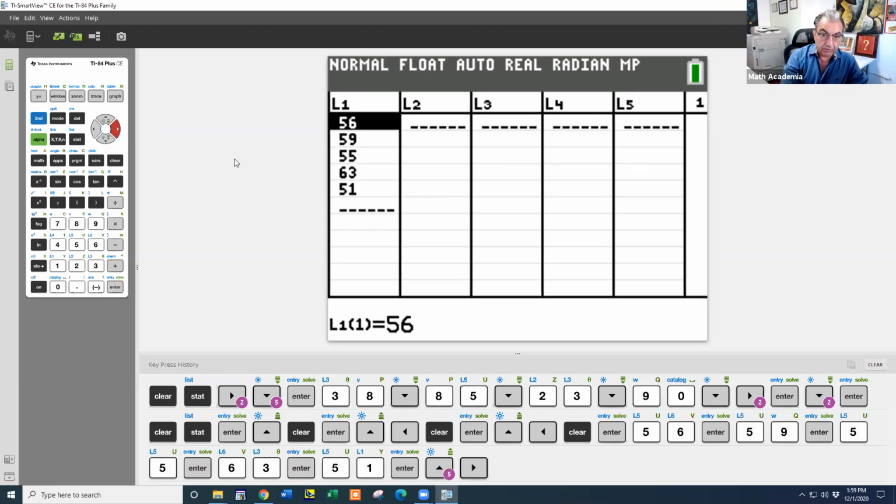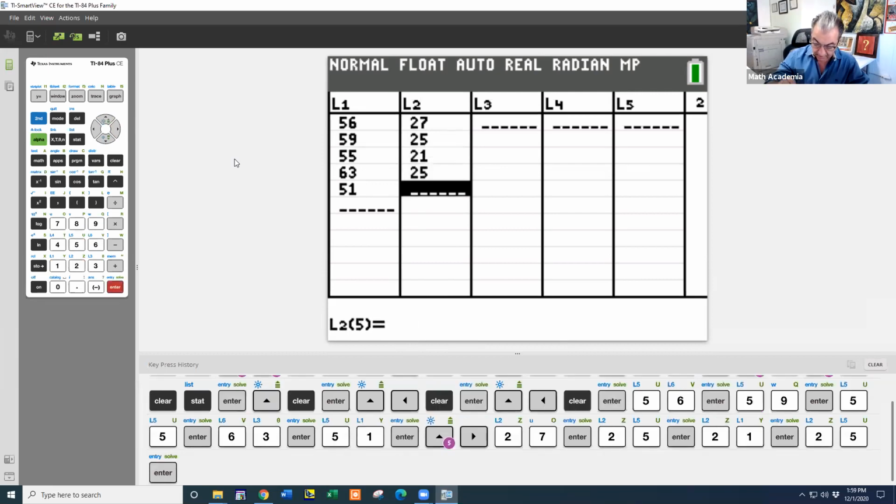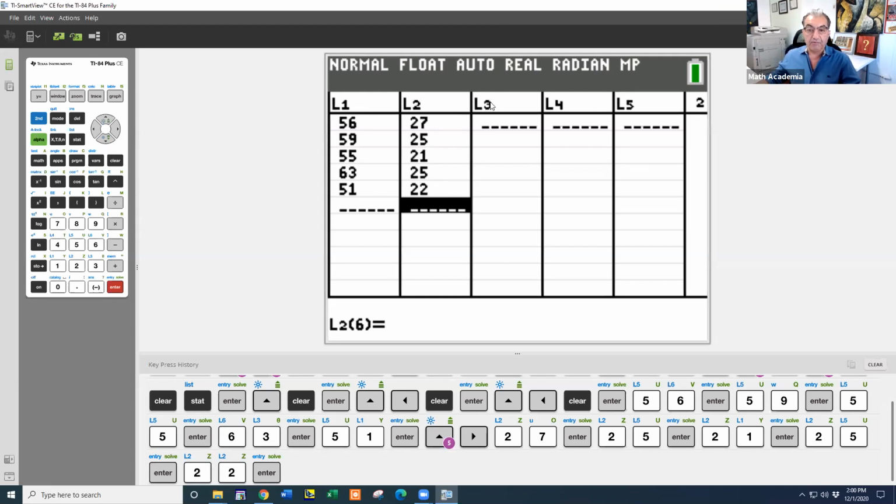In L2, you can put the B's, which is 27, and 25, and 21, and 25 again, and 22. So let me just double check: 59, 25, 55, 21, 63, 25, and 51, 25. So that's correct.